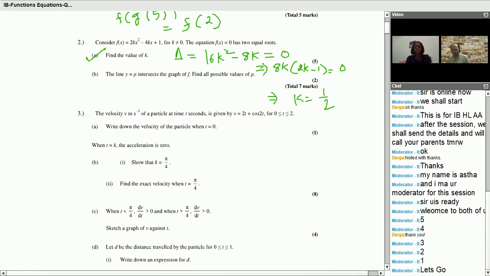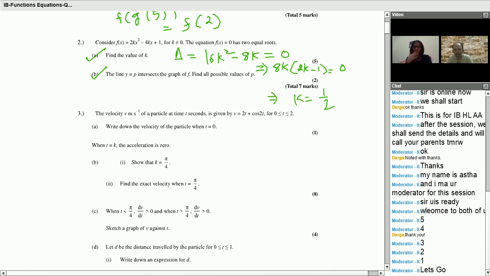What about this part? The line y equals p intersects the graph of f. Find all possible values of p. So does it mean p is equal to 2 times 2kx squared minus 4kx plus 1?